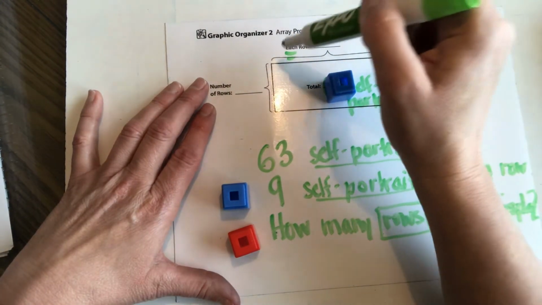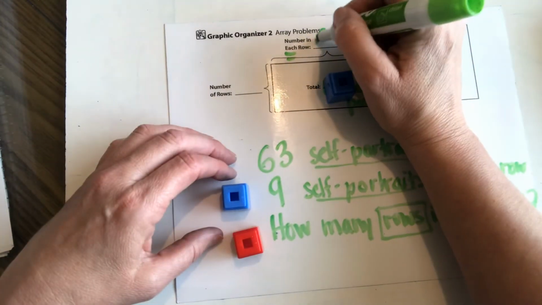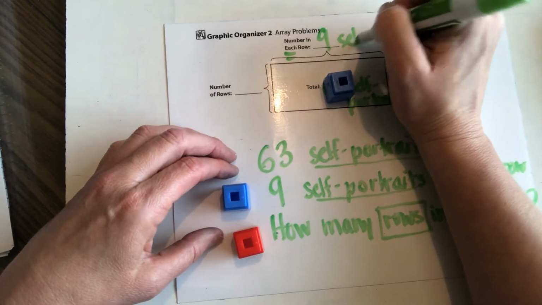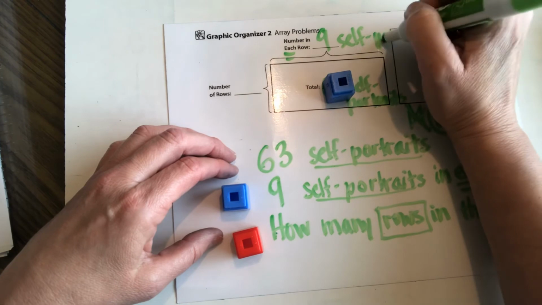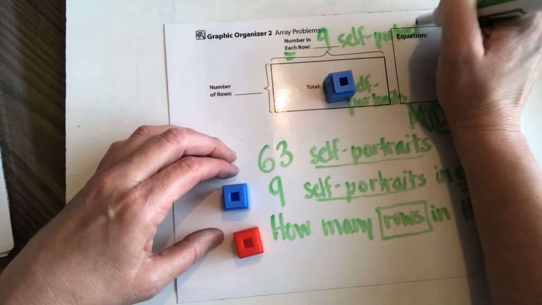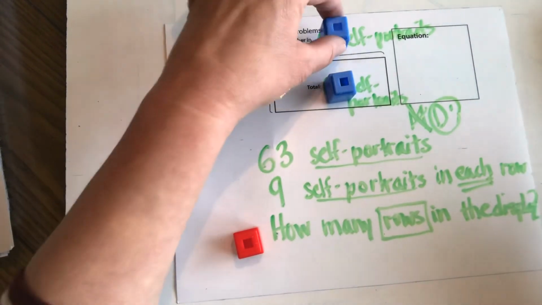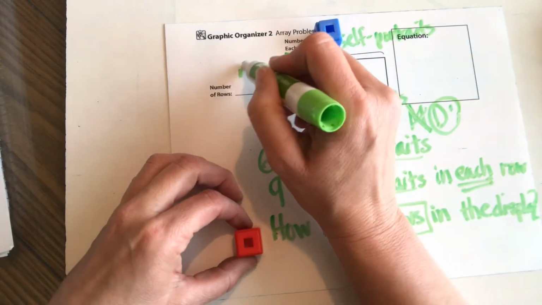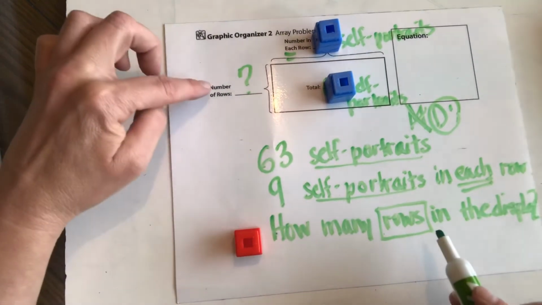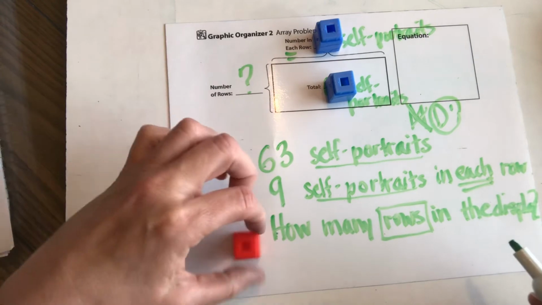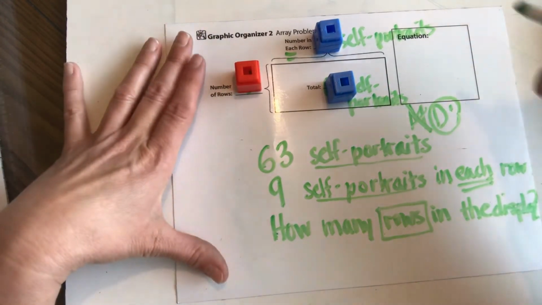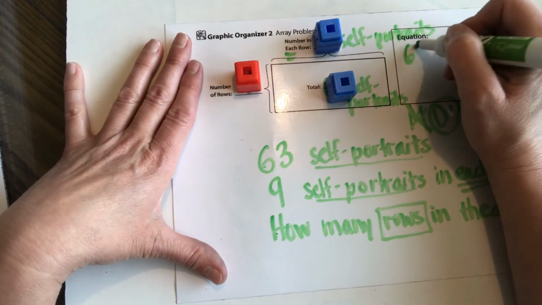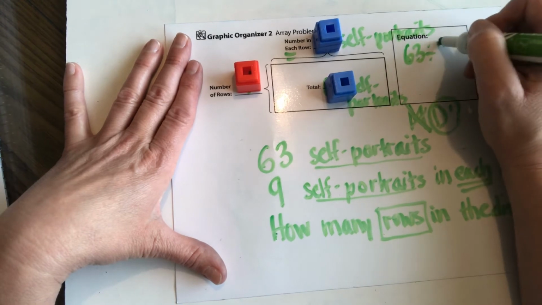Notice there is in each row. So we know that this goes up here. That's part of the portraits, right? It's part of the story. And we are looking for how many rows, right? Which means we are dividing. So we are going to take 63 and we are going to divide by 9.